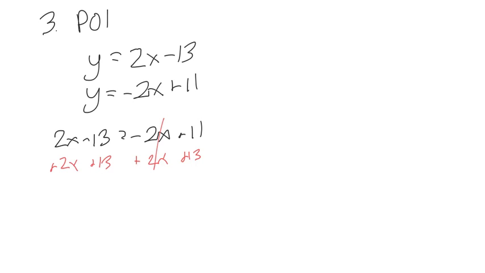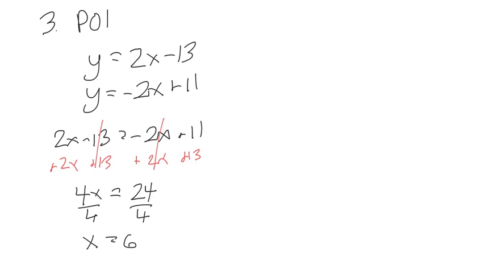Here that will zero out, here will zero out. So my next line is 2x plus 2x is 4x equals 11 plus 13 is 24. I'm going to divide both sides by 4. And so I get x equals 24 divided by 4 is 6.